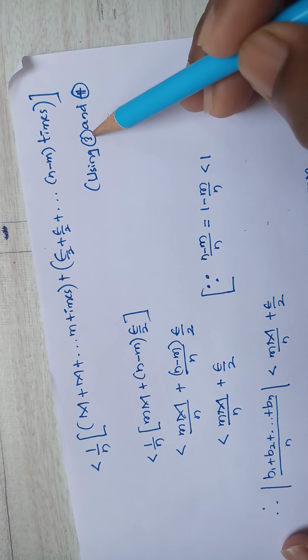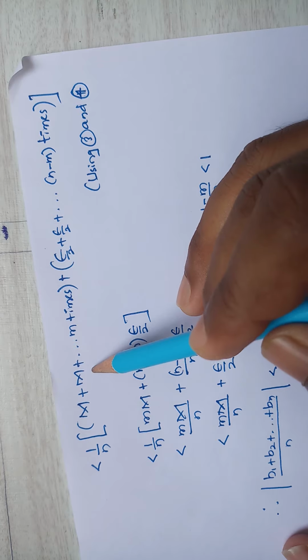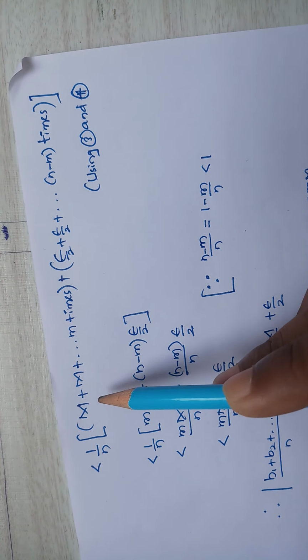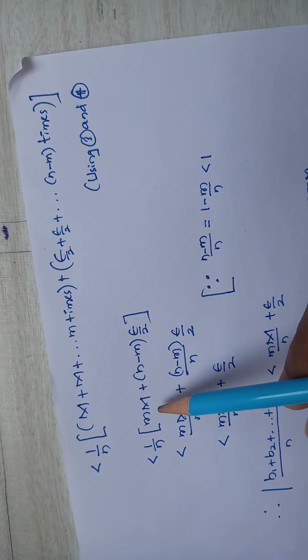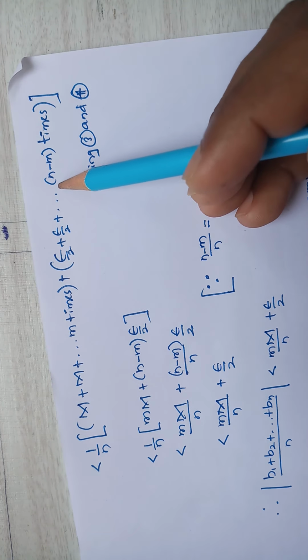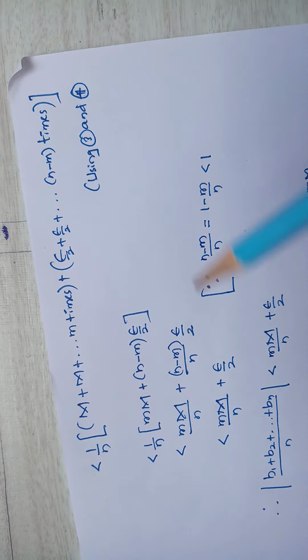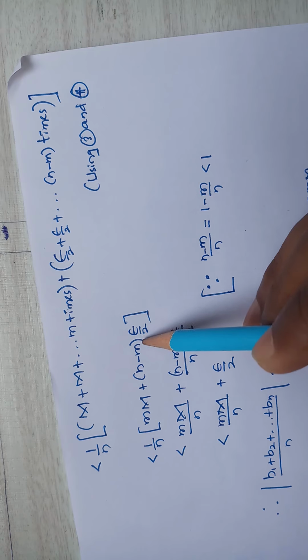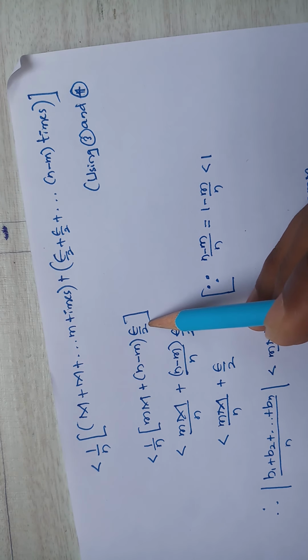So this is less than M, m times, that is small m into capital M, plus epsilon by 2, n minus m times. So small m into M plus n minus m into epsilon by 2.